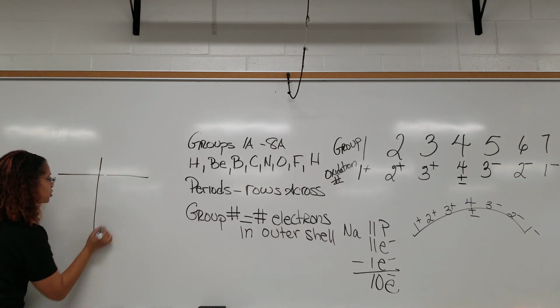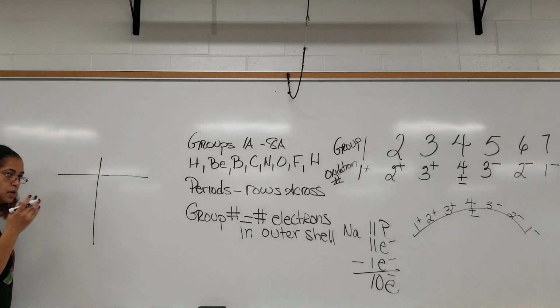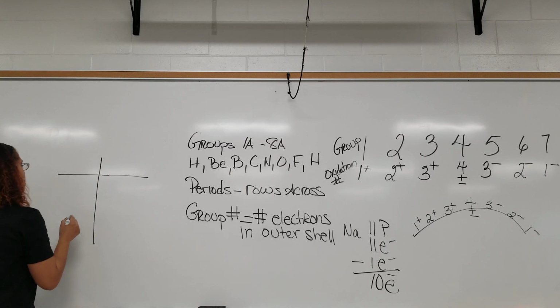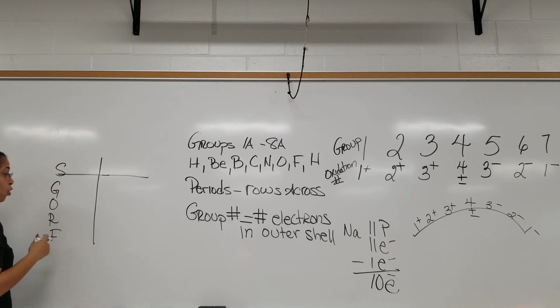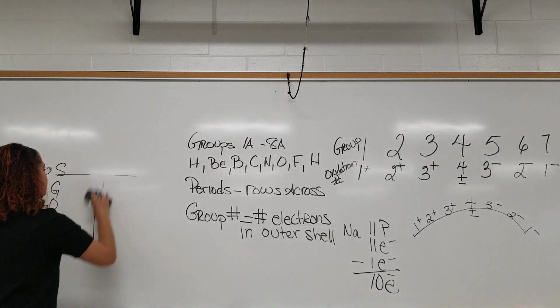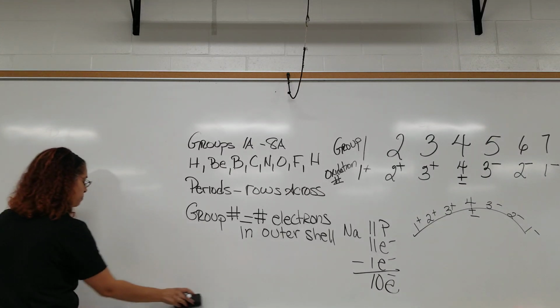It allows us to determine the simplest elemental bonds that occur ionically. So it is S, G, O, R, F, or FROGS spelled backwards. Let me move this over a little bit so I can tell you what it means.